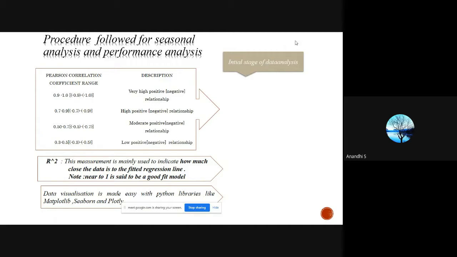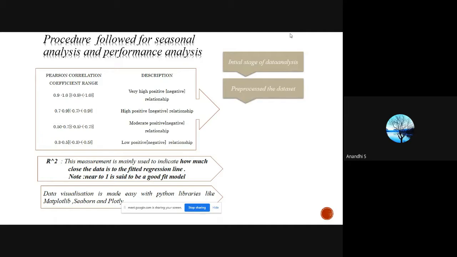Sometimes integer or float may be detected as object, so it will be a problem for further analysis. So we have to check that first. I have rounded off the decimal values of floats so that there will be uniformity in analysis. And these are the two initial stages of analysis I did.